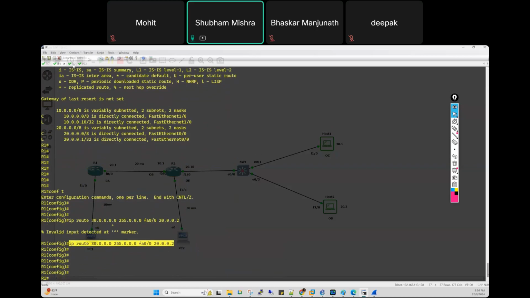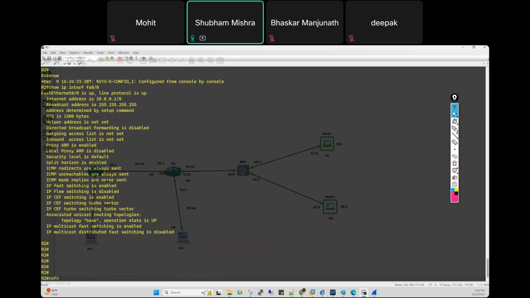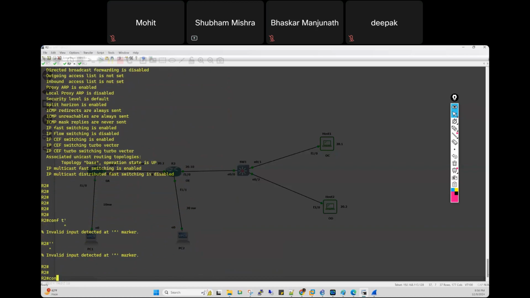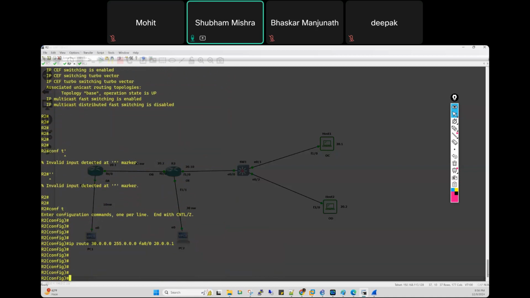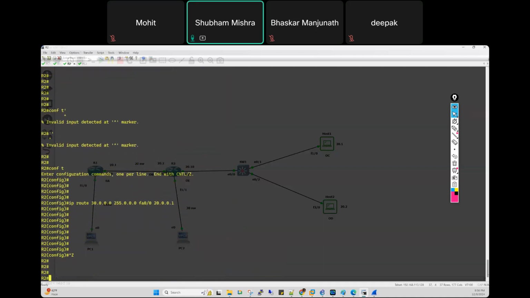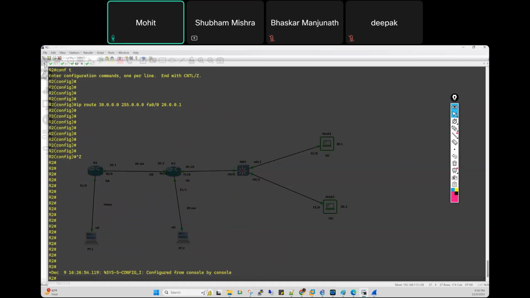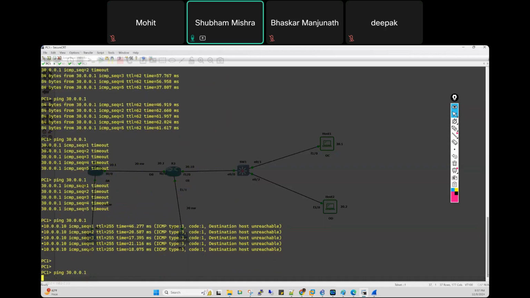Let me copy this command and come to the R2. And here I will configure 20.1. Done na? Yes or no? Clear? Now come to PC number 1. I'm writing ping.